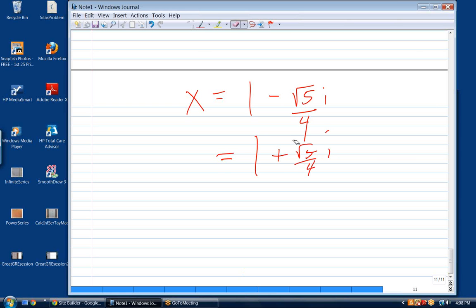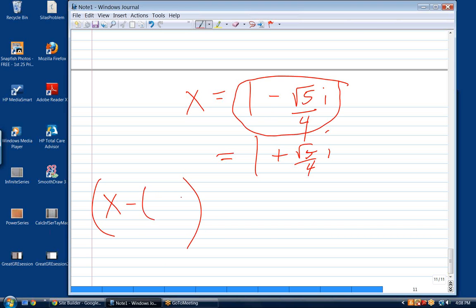So what are my two factors? x minus 1. Now, when you subtract this from x, make sure you use inside parentheses, because I'm subtracting that whole thing. And then x minus 1 plus root 5 over 4i.